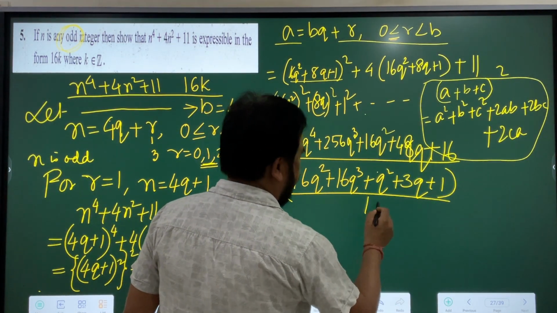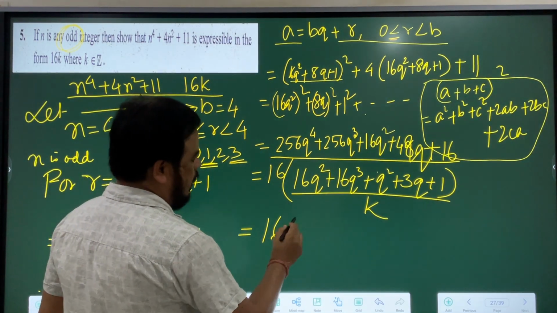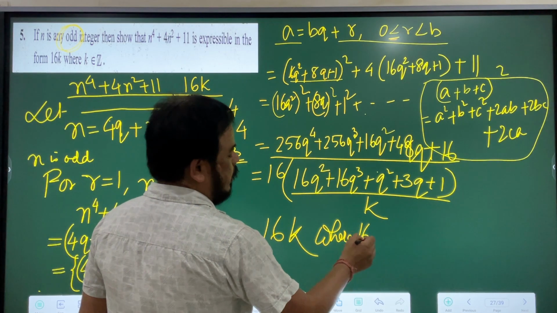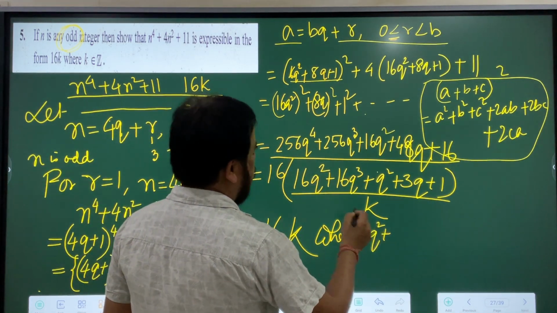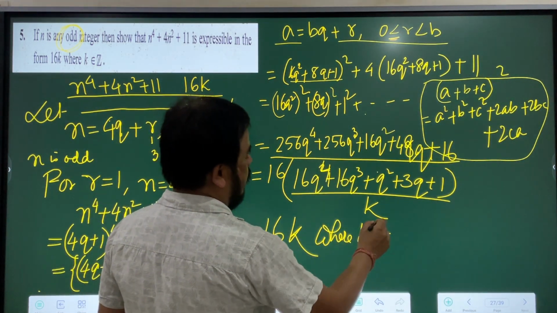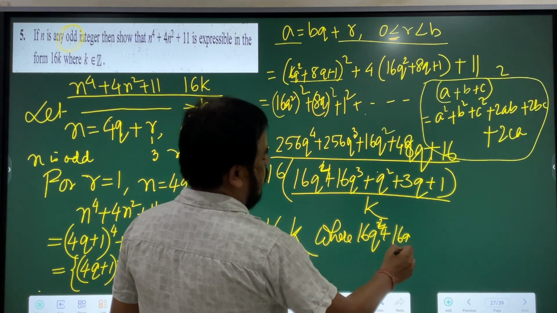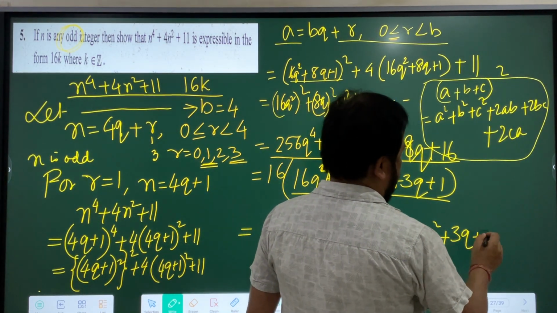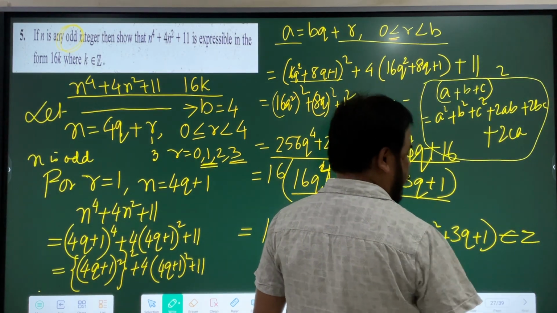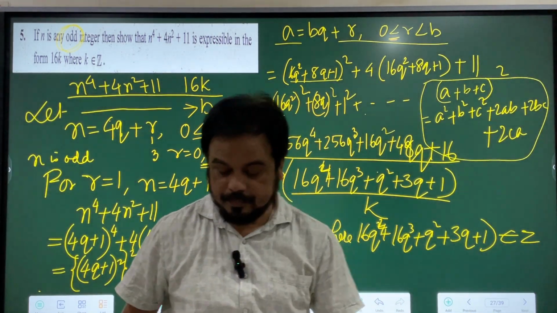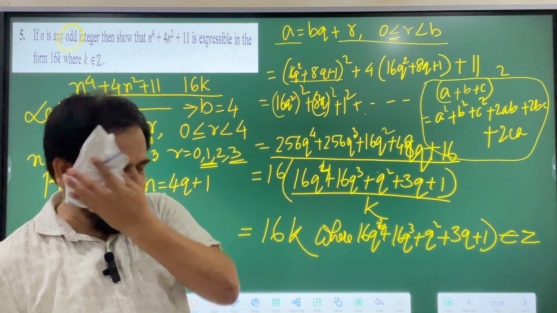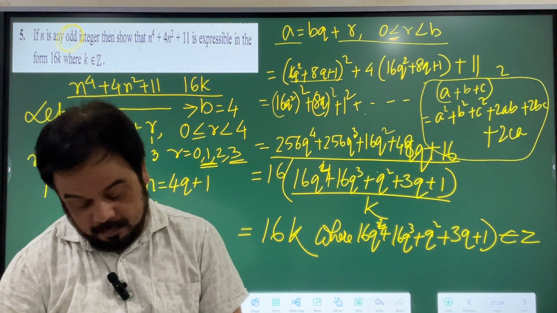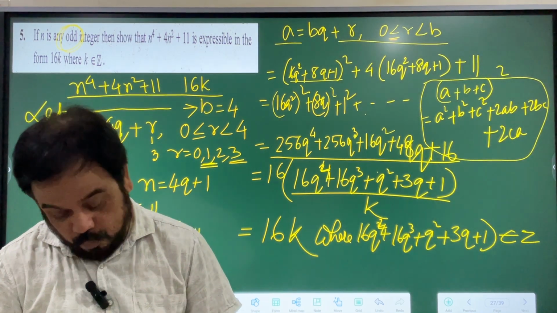So this is 16k, where k equals 16q to the power 4 plus 16q cube plus 10q square plus 3q plus 1, which belongs to Z. So this is the calculation done by putting r equals 1.